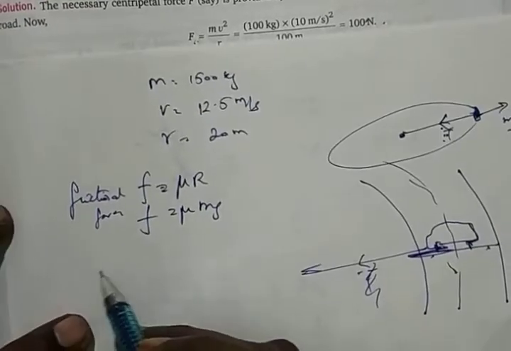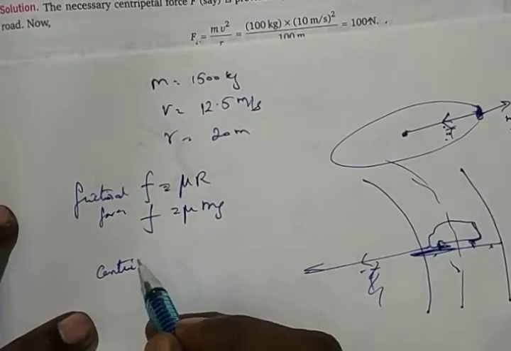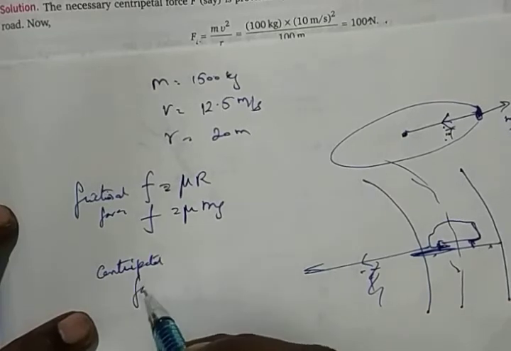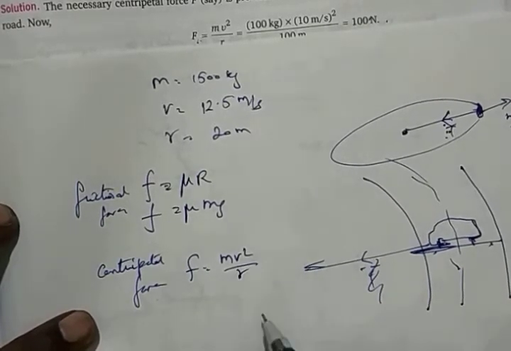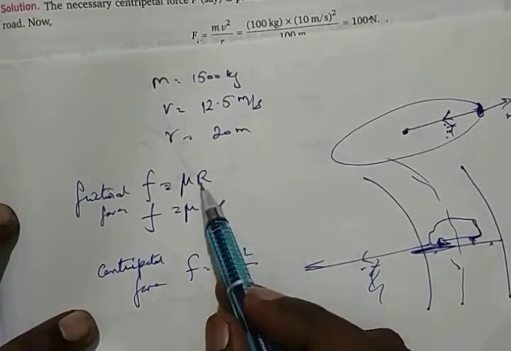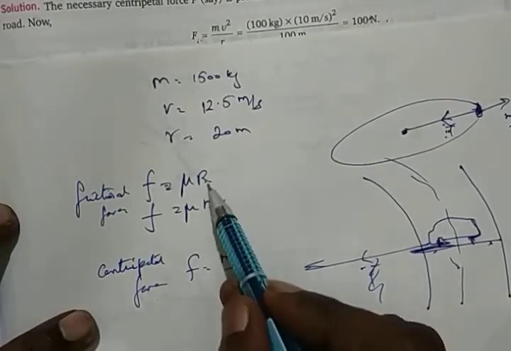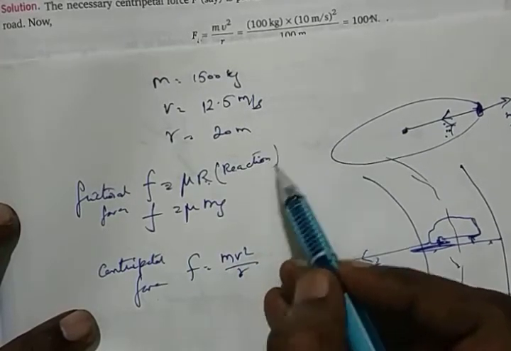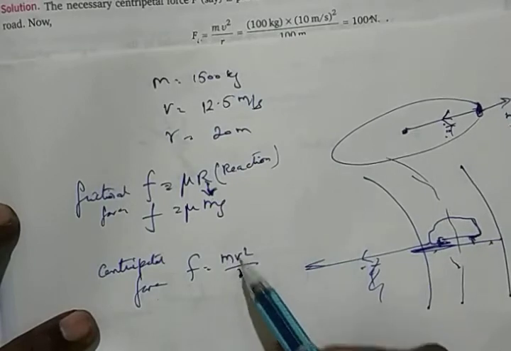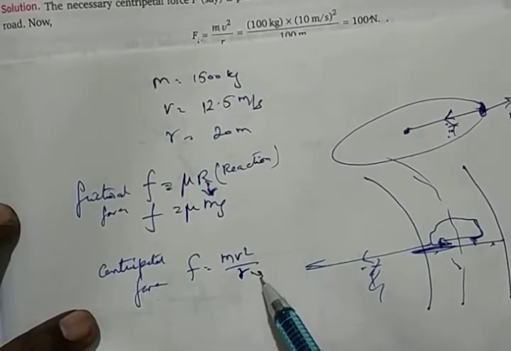Centripetal force, what is that? Centripetal force F is going to be equal to mv square by r. This R and this r are different. What is this R? It is reaction, which means it is m into g. What is this r? It is the radius of the circle.